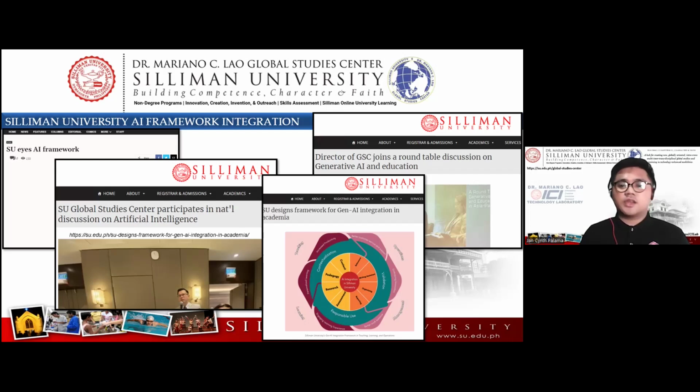This framework that is designed helps strengthen the university's commitment to embrace digital transformation that leads to a multitude of innovations. And that is one way of continuing the technology enhanced flexible learning.